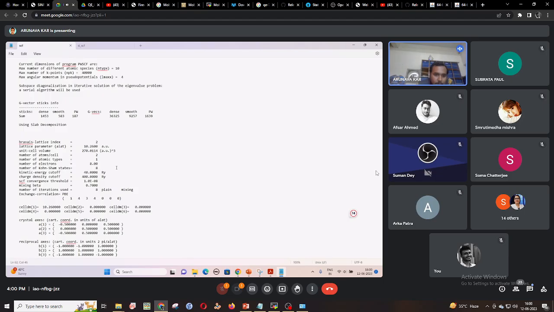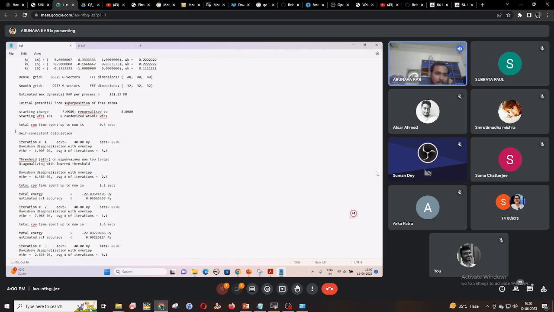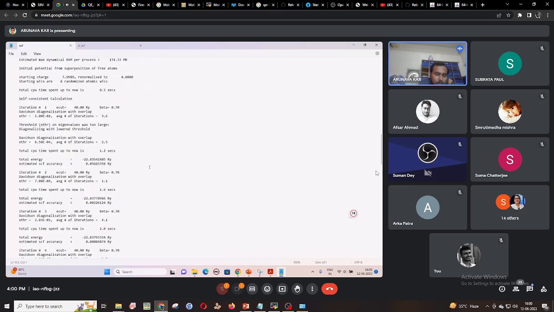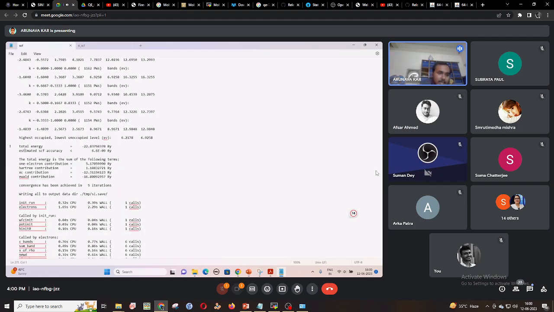If you go down, the iterations start after this calculation begins. This is the iteration. If you go down, here is the important parameter. This is the mark where you can find the total energy of the system. You can write it down for your further graph plotting. Here is the highest and lowest occupied level of the system.